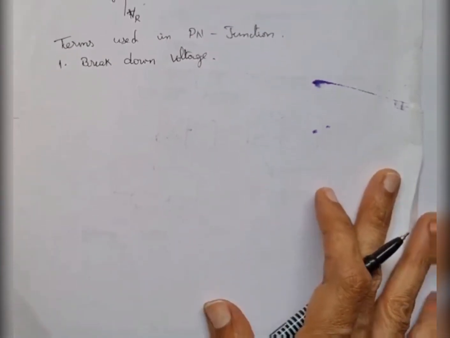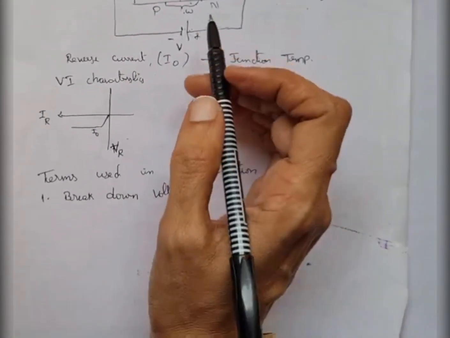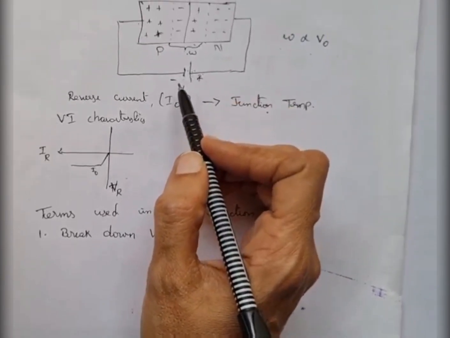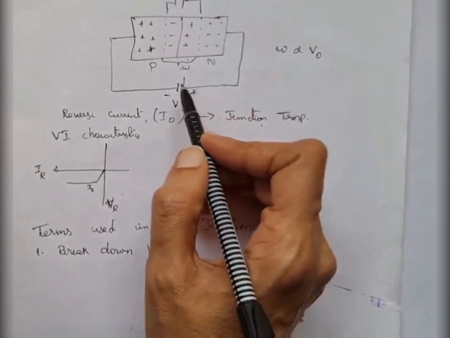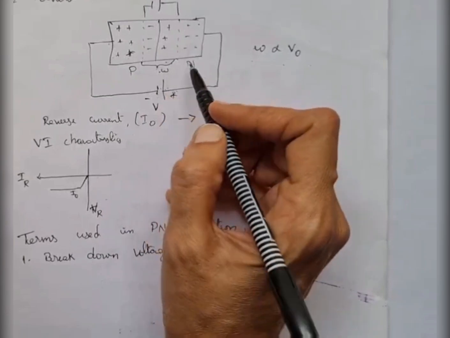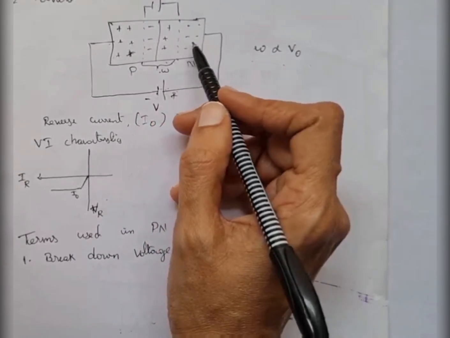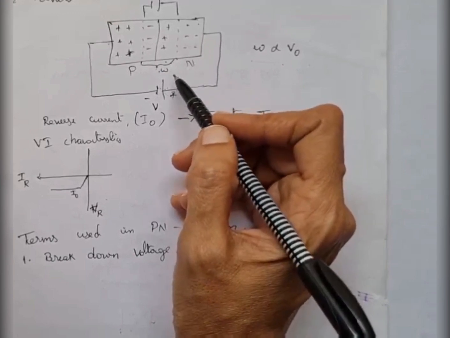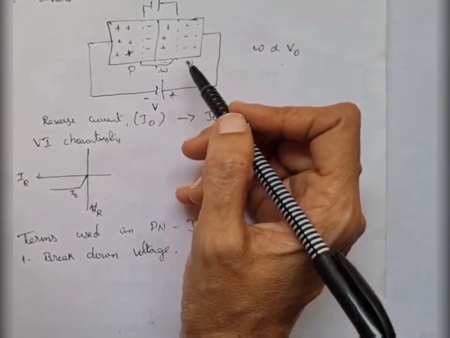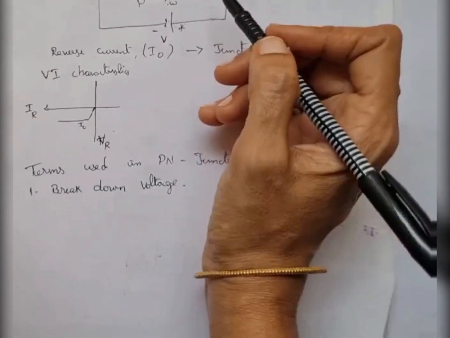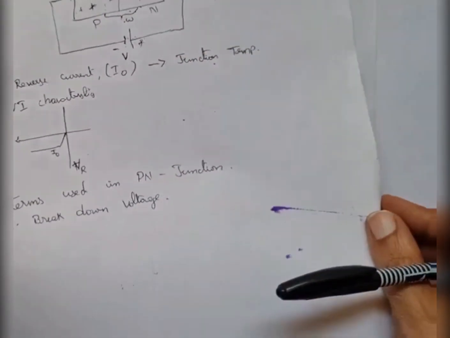What is a breakdown voltage? Here we are applying the reverse bias condition. In a reverse bias condition, a large number of free electrons are formed, which is commonly called an avalanche of free electrons. This leads to the breakdown of the junction, leading to a very large reverse current.